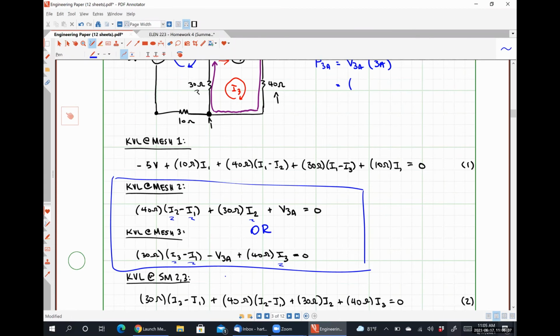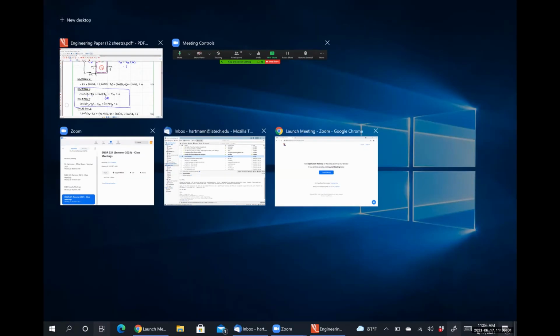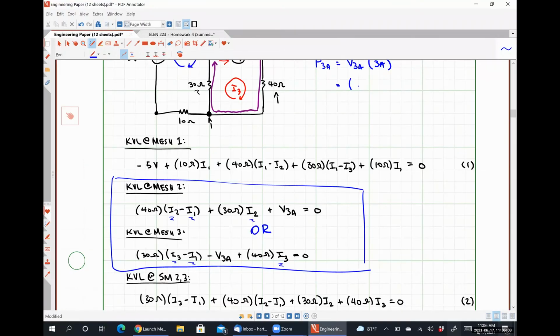So we could say that our V3A is 30 ohms times I3, which is 1.409, minus I1, which is negative 0.182, plus 40 ohms times I3, 1.409, and I get 104.09 volts.